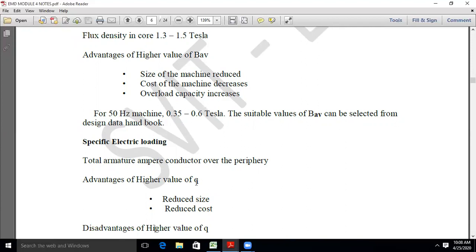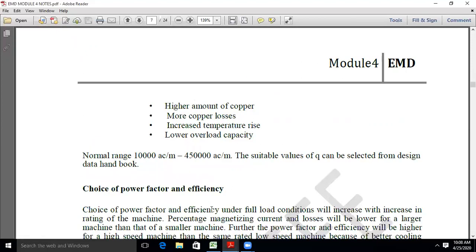The advantages of a higher value of q: one is reduced size, if q increases the size will reduce, and reduced cost also. The disadvantages of a higher value of q: one, a higher amount of copper is required. Second, more copper losses. Third, increased temperature rise. Fourth, lower overload capacity.